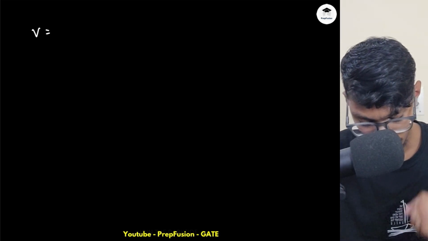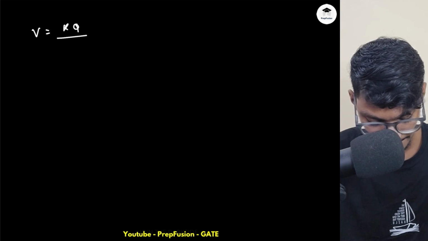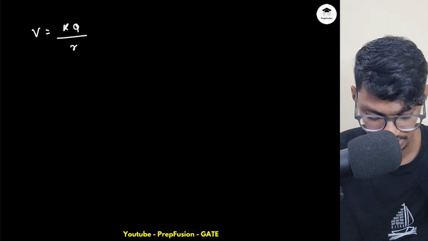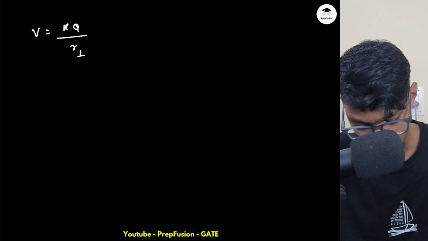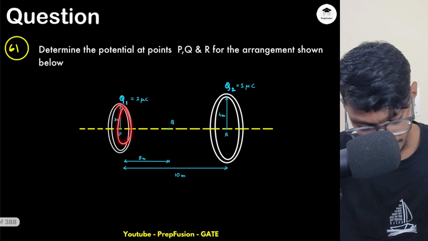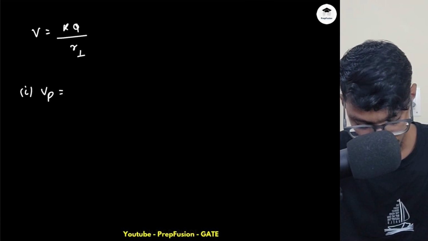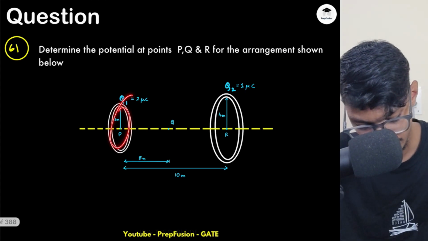Due to a ring charge, the formula for potential is KQ upon R, basically. Simple, same as for a spherical charge, right? And R is the perpendicular distance, or I can write R perpendicular, from the axis. So if I compute for the point P, for the first case, this will just be a sum of two things, two charges, due to this ring and due to this ring.